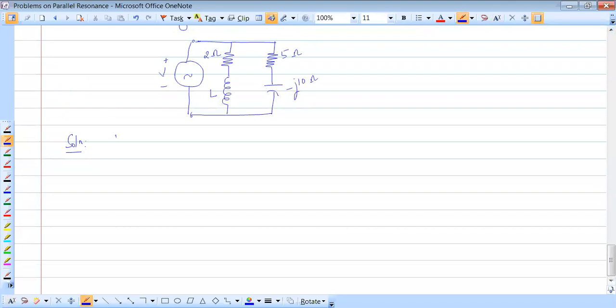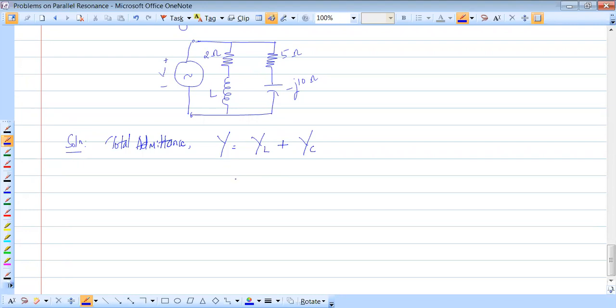So let's take the total admittance. Everybody start taking this down because I'm going slow. So what is total admittance given by? Y is equal to the admittance of the branch where L is connected plus the admittance of the branch where C is connected. C is given, the two R's are given, but L is not given. That we need to find out.